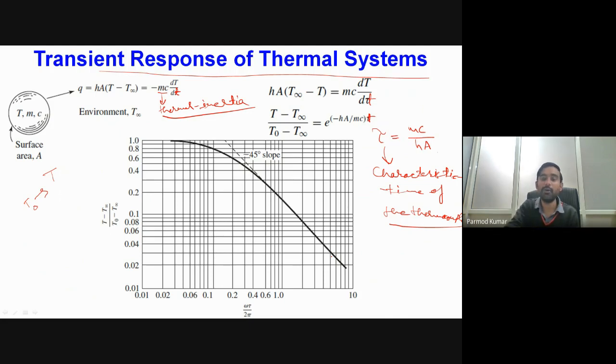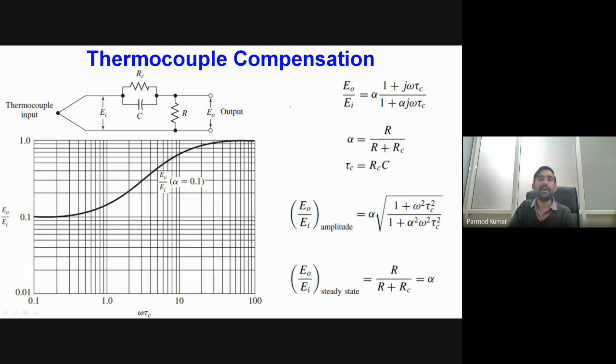Now we may have a situation where the transient response of the thermocouple is slow, and the physical phenomenon where we employ the thermocouple for temperature measurement has very high frequency fluctuation in temperature. What we can do is use a compensation circuit.